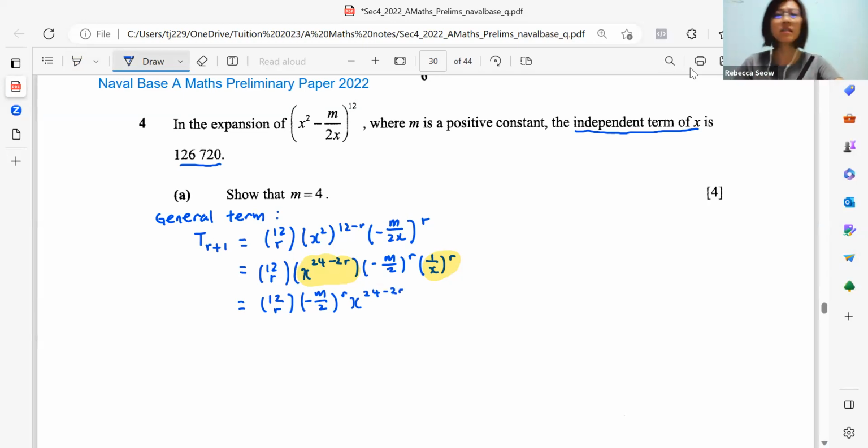What happens with 1 over x to the power of r is that it becomes x to the power of negative r. In doing so, we apply the laws of indices. When we bring the denominator up to the numerator of a fraction, the power changes from positive to negative. Therefore, let's tidy up all the terms in the expression.